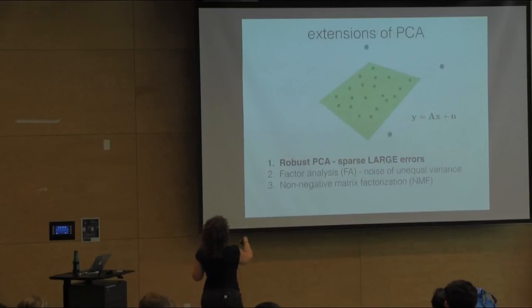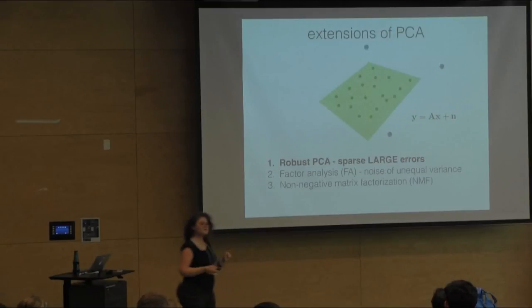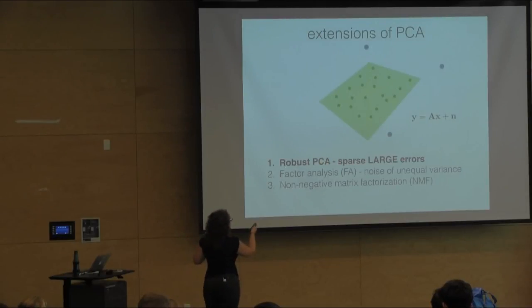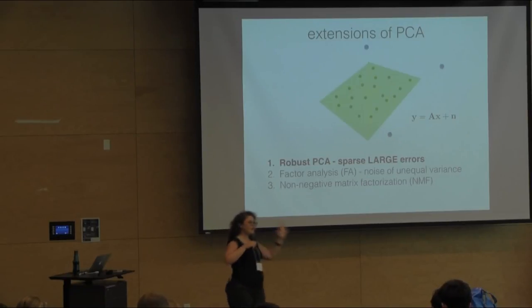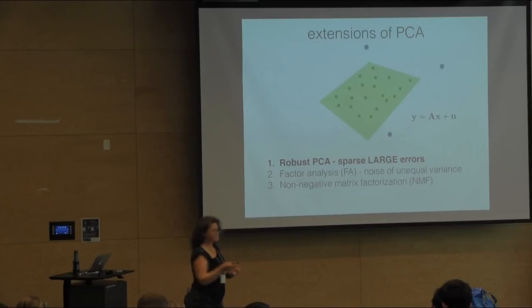And that's what these other extensions try to do, incorporate additional noise information when solving these problems. Robust PCA just assumes a small number of data points live off of the plane, and so you have a way of handling that. It's sort of an outlier rejection combined with PCA. You could think about it in that way.